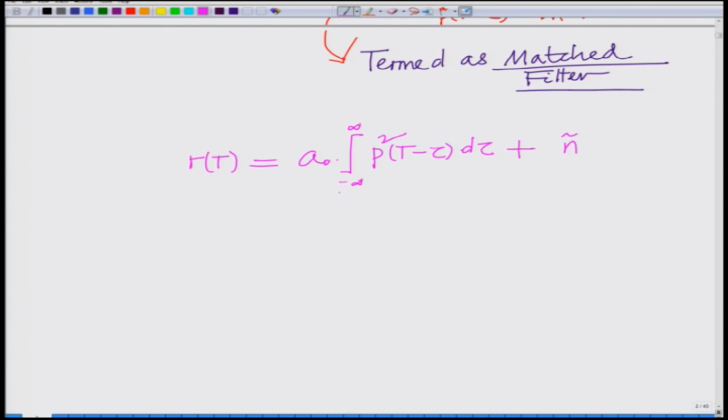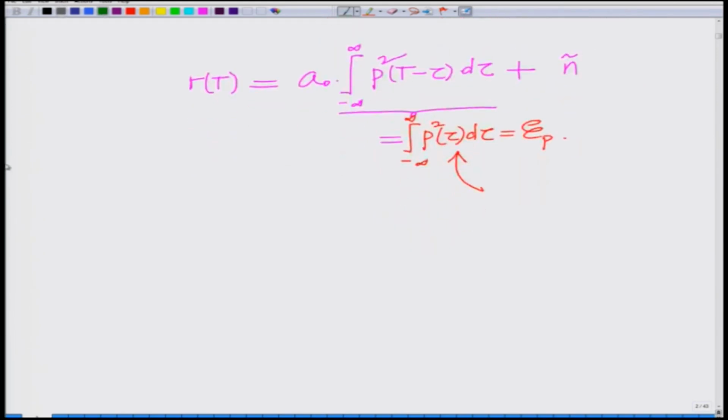Now, remember, this integral of p square of t minus tau d tau is nothing but the integral from minus infinity to infinity of p square tau d tau, which I can denote as E p, the energy of the pulse shaping filter.